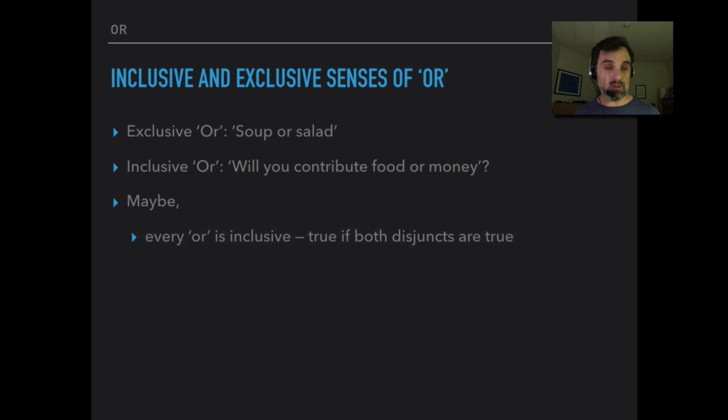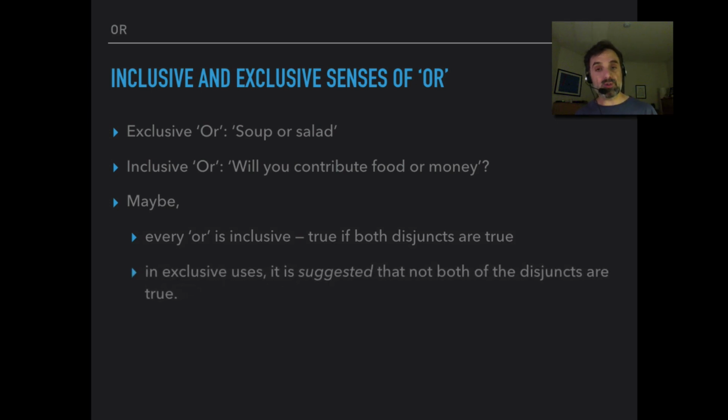So it could be that actually every time we use or, it's fundamentally inclusive. What you say is true if both disjuncts are true, but there's just a suggestion of exclusion. This is in the same way that if I say he is cheerful but he's happy, that is true if the person I'm talking about is cheerful and happy, and there's a suggestion of a contrast, but the suggestion is not part of the truth conditions of the sentence.